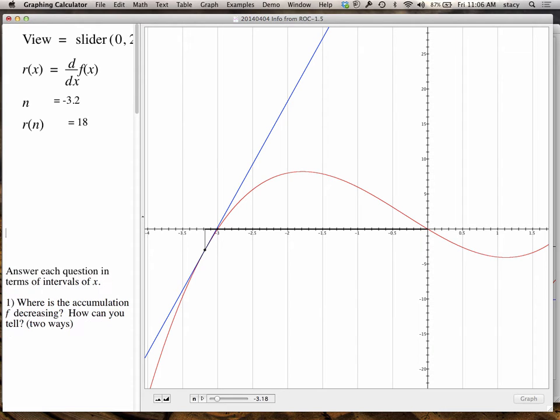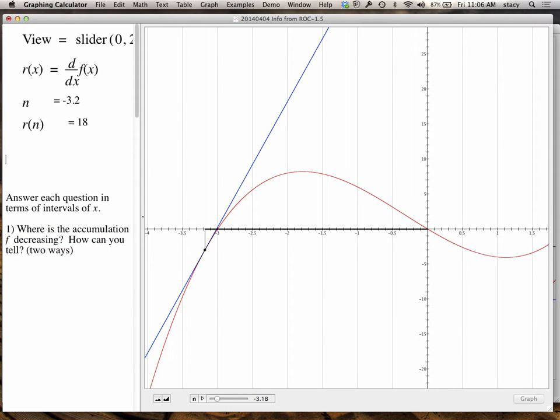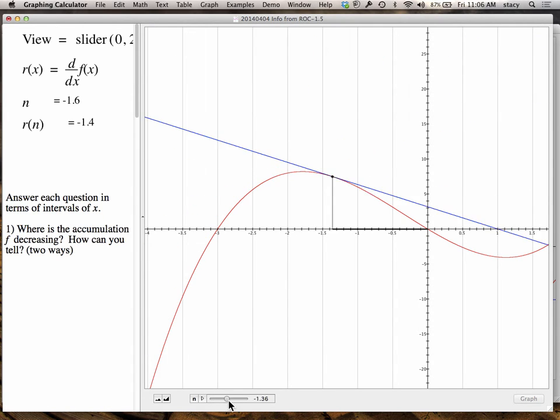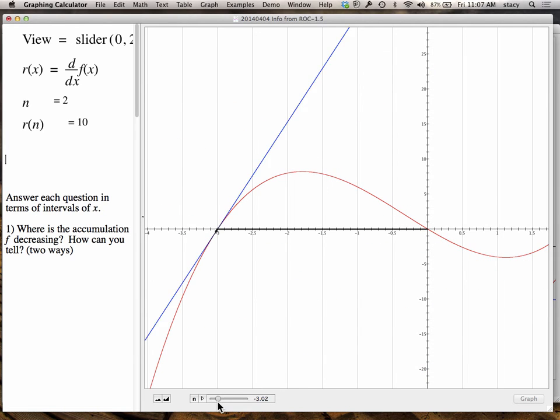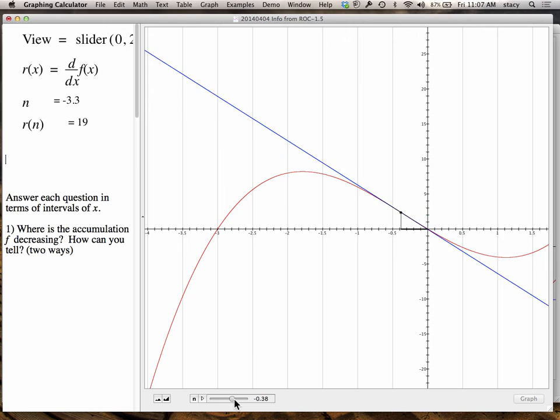Yes, the red graph is the accumulation graph, and the blue graph is still the graph of the rate of change at a given point. So where is the accumulation of F decreasing, and how can you tell? You can talk to each other.